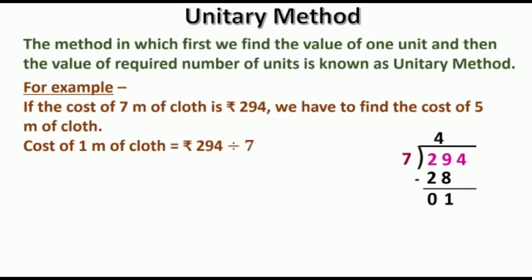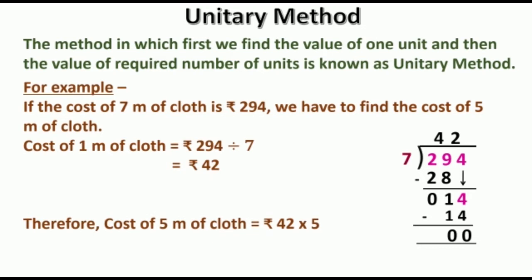Now bring this 4 down, children. It will become 14. Now we will do 7 2s are 14. We will write 2 in the quotient and 14 here. Now subtract this 14 from 14. You will get 0. So the quotient is 42. So the cost of 1 meter of cloth will be rupees 42.